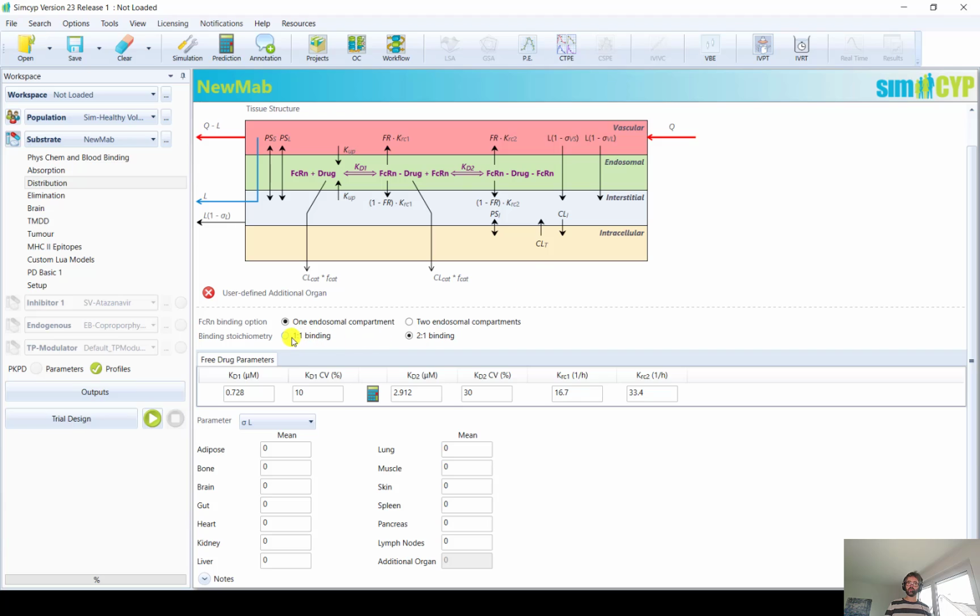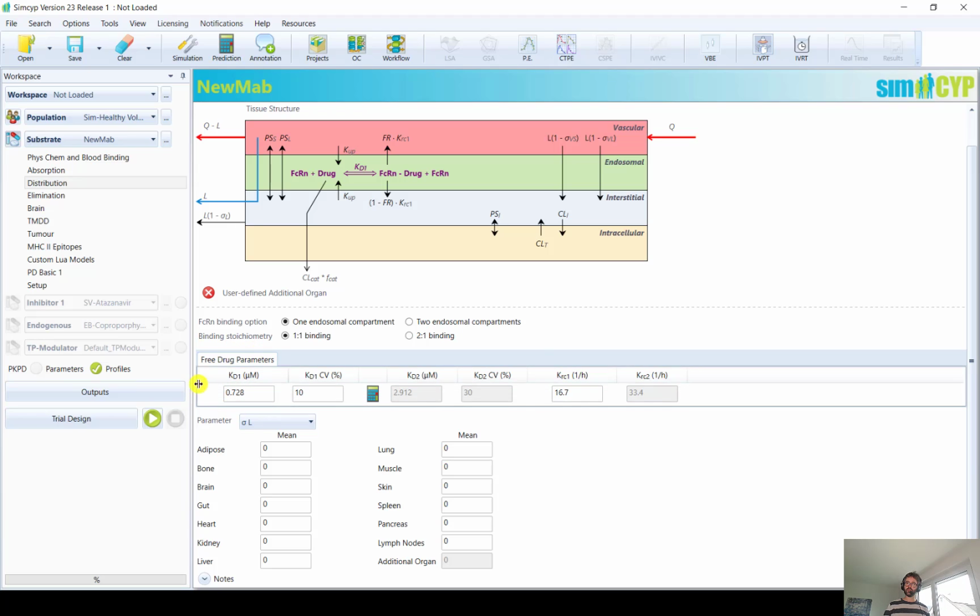If you have only one Kd value being present, it's absolutely fine to use the 1-to-1 binding model. But if you have the Kd values for the two binding steps, the 2-to-1 model is available. Endogenous IgG will follow whatever the model selection is here on screen.